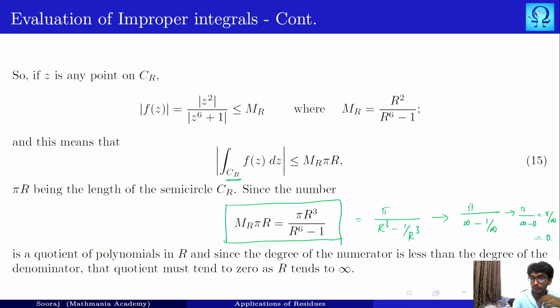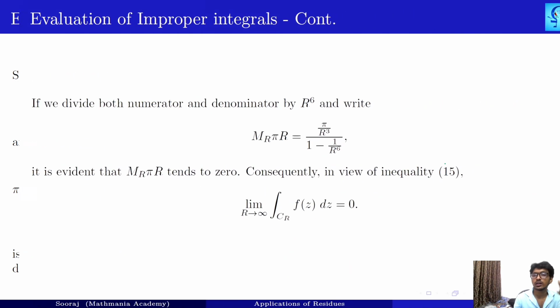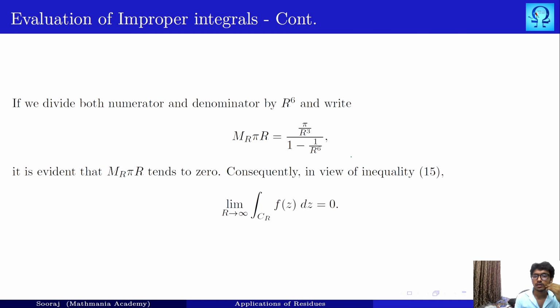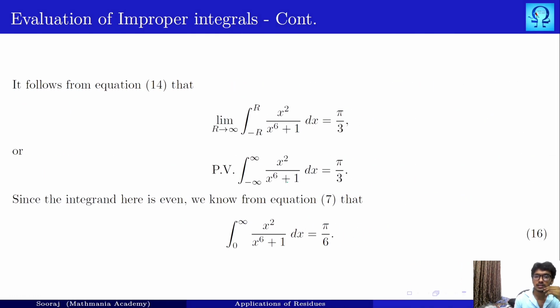So this is one way of doing it, or you can divide everything by r power 6, and you will get this one. With which also we can easily prove this quantity goes to 0. So we have just established that one.